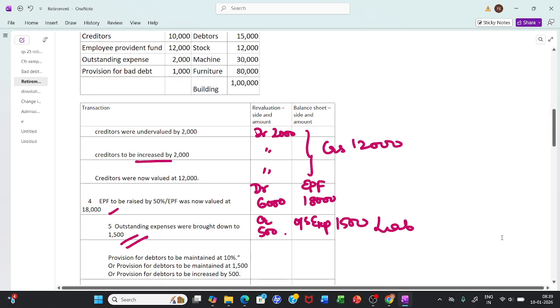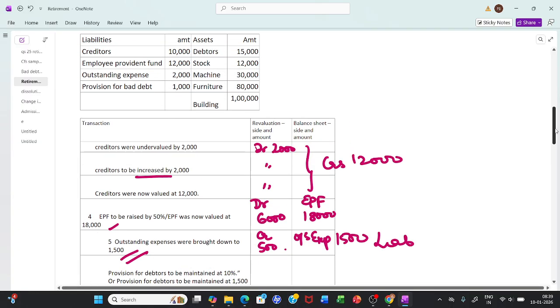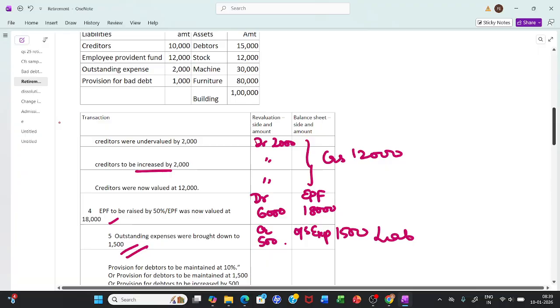Next, relating to provision. Provision for debtors to be maintained at 10%. So 10% of debtors 15,000 is 1,500. We have already a provision, like they have given it on liability side rather than deducting, their 1,000 becomes 1,500. There's an increase of 500. There are different wordings possible for the same.